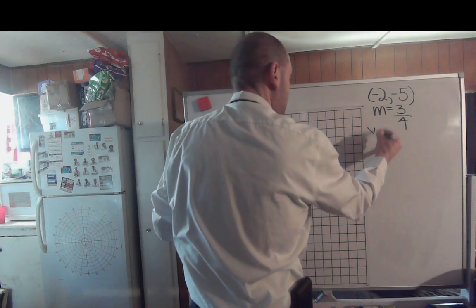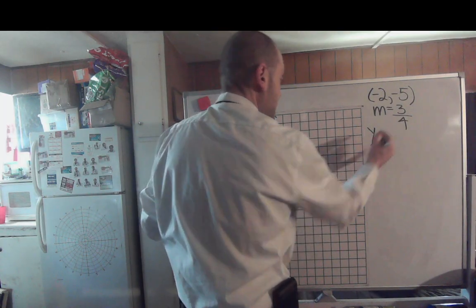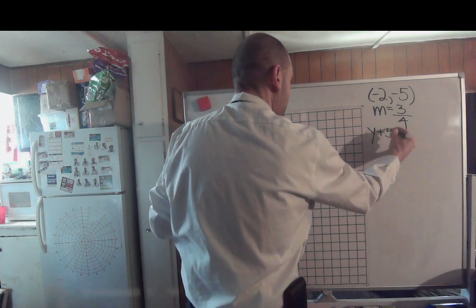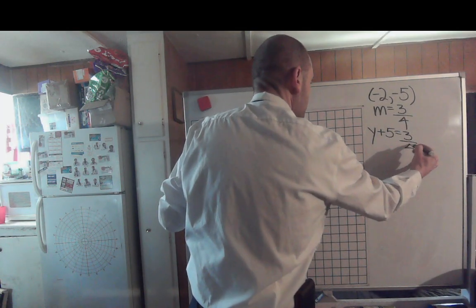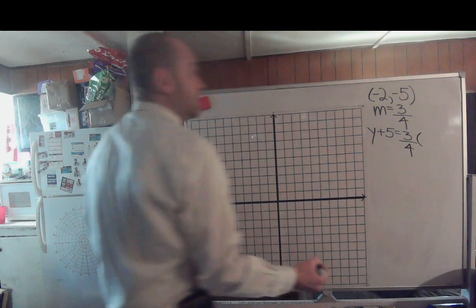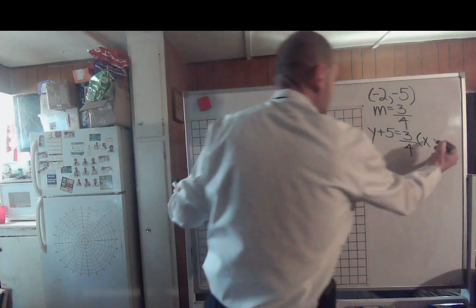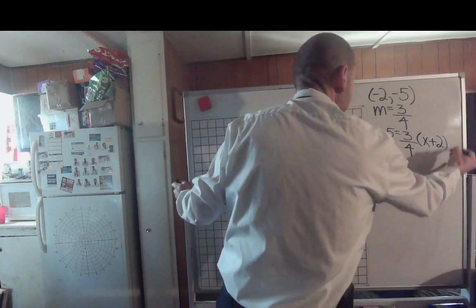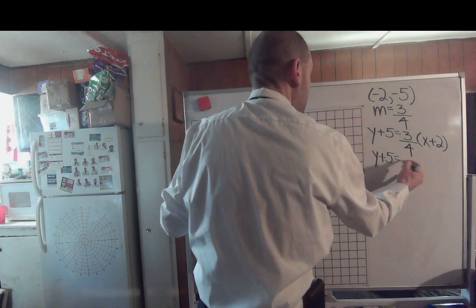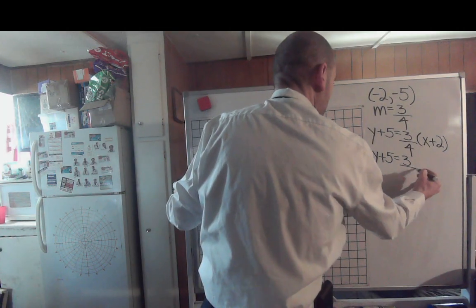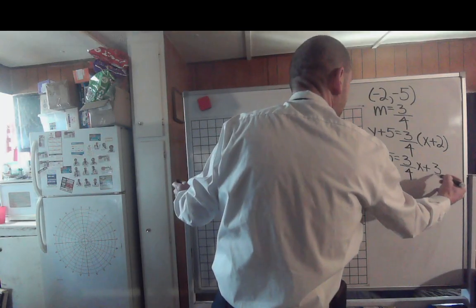This would be y minus your y sub 1, which is minus -5, that'd be y plus 5, equals your slope of 3/4 times the quantity of your x minus your x sub 1, so minus -2, that'd be plus 2. So this should give you y plus 5 equals 3/4 x plus 3/2.